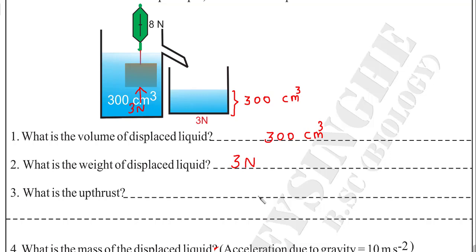What's the weight of the displaced liquid? 3 Newton. In that case, upthrust also 3 Newton. Upthrust equals the weight of this displaced liquid. Please mark that 3 Newton, that means the weight of the displaced liquid.